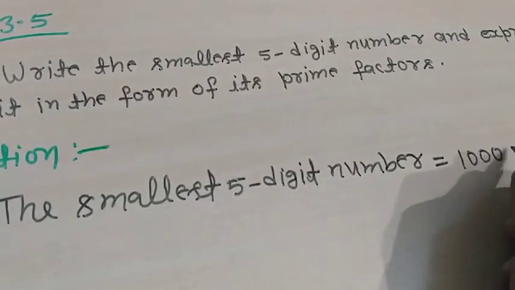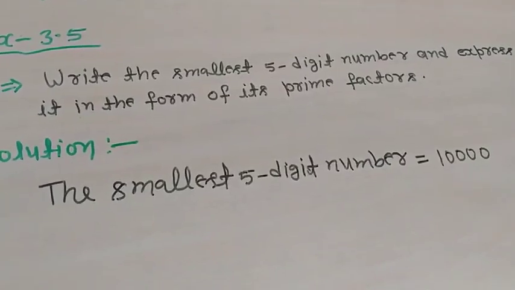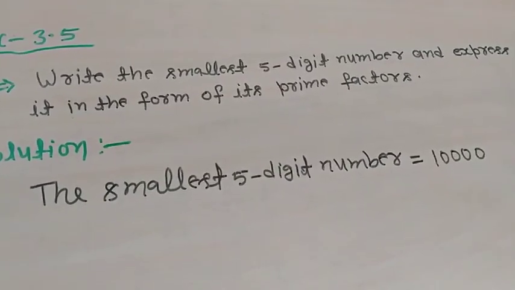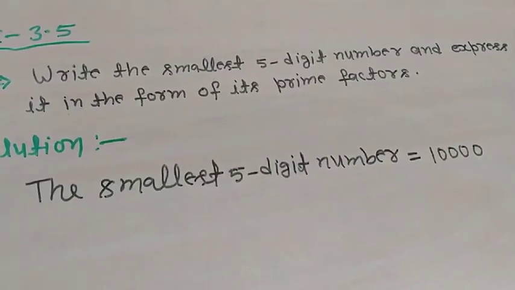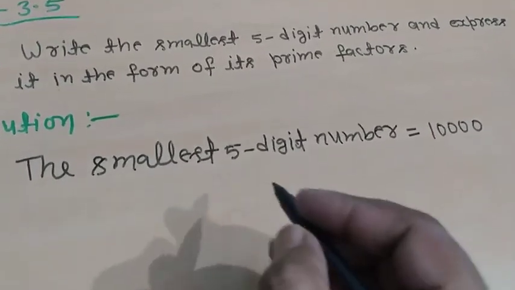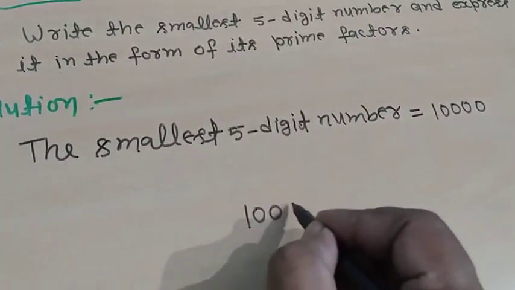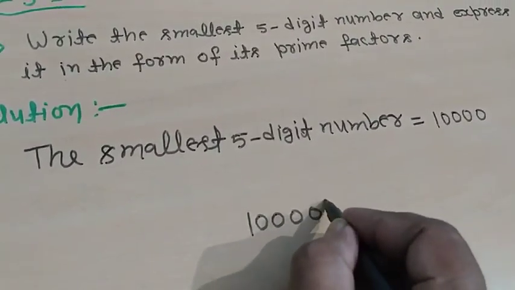How many zeros in 10,000? 4 zeros. Now we write it in the form of prime factors. So we use the prime factor tree method. First write 10,000 here.